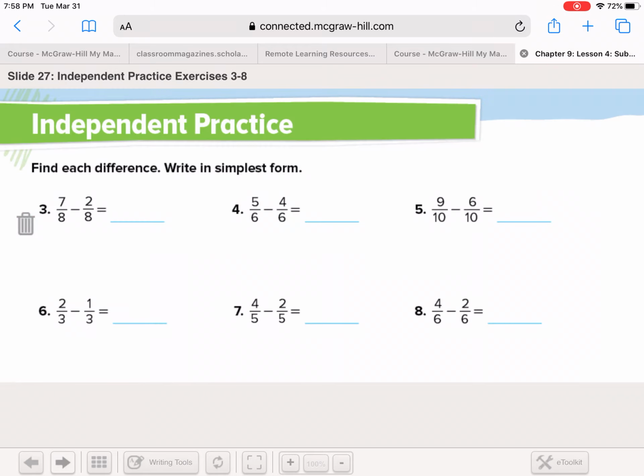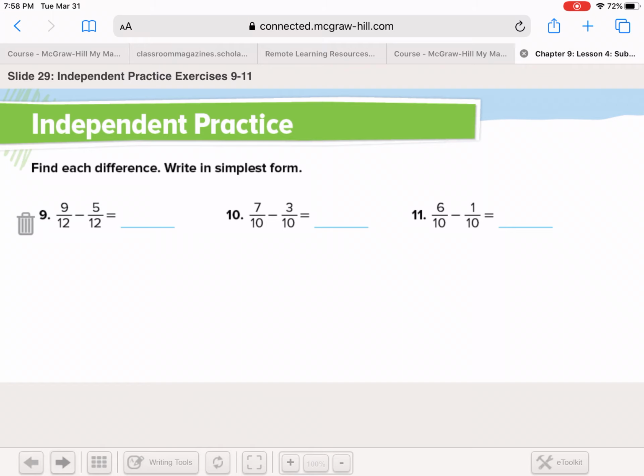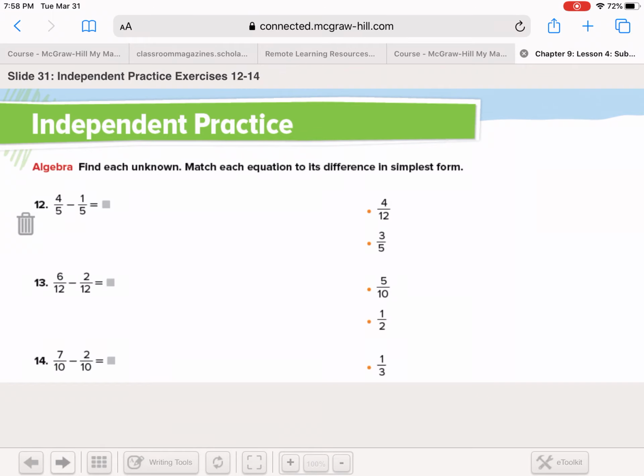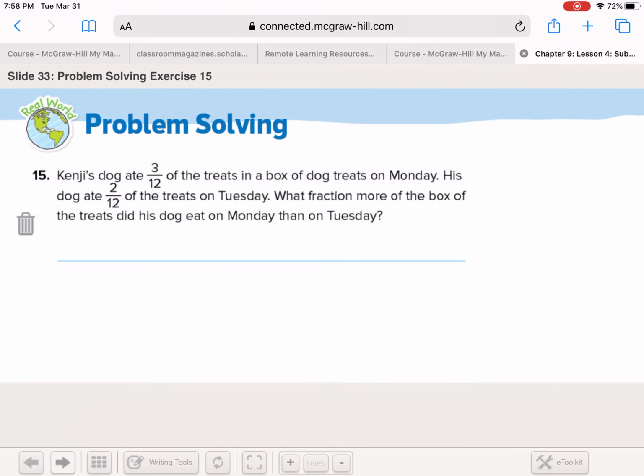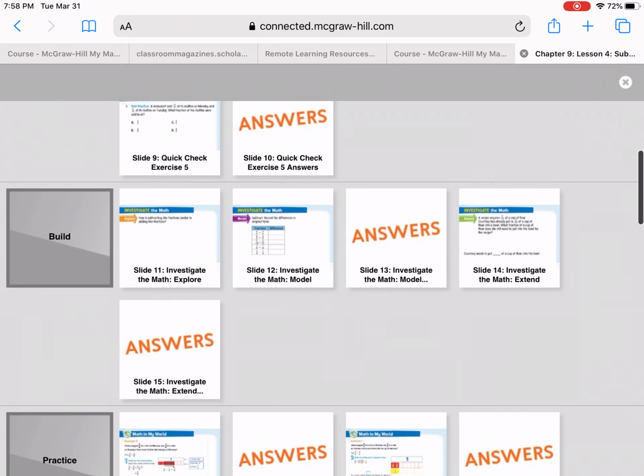All right, independent practice. So you guys can do numbers 3, 2, easy.